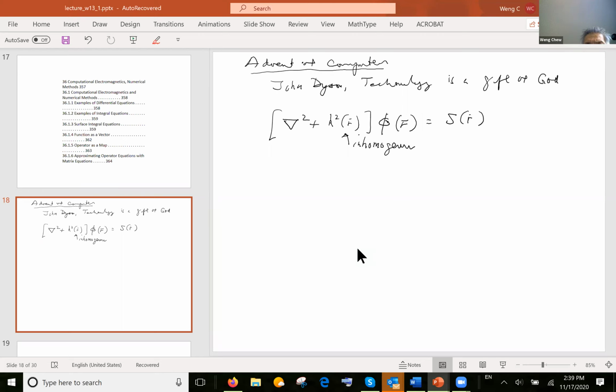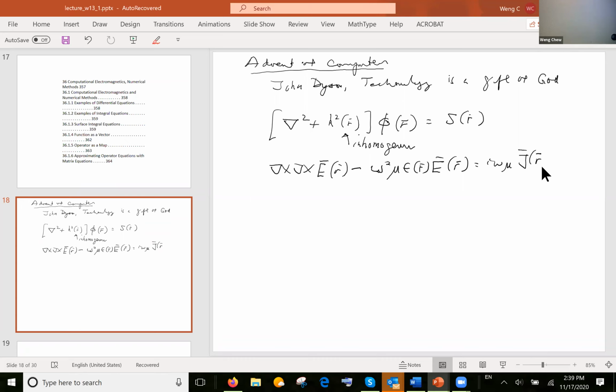Or we have a vector wave equation that we need to solve. This equation might look something like this, or it might be in inhomogeneous media, and the right-hand side is a source term. We don't know how to solve these problems using closed form or analytic solution.